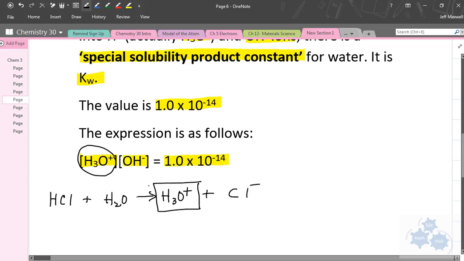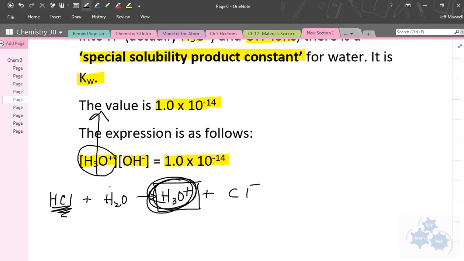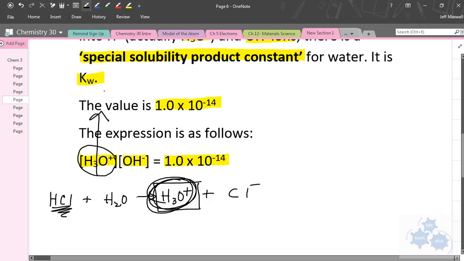So if we've got a pure sample of water and we add some HCl, this concentration is going to skyrocket. It's going to go up because we're adding more of it, because HCl is going to break down. A strong acid is going to fully dissociate. That's what a strong acid is. It splits apart really easily and very completely. And so this is going to spike up.